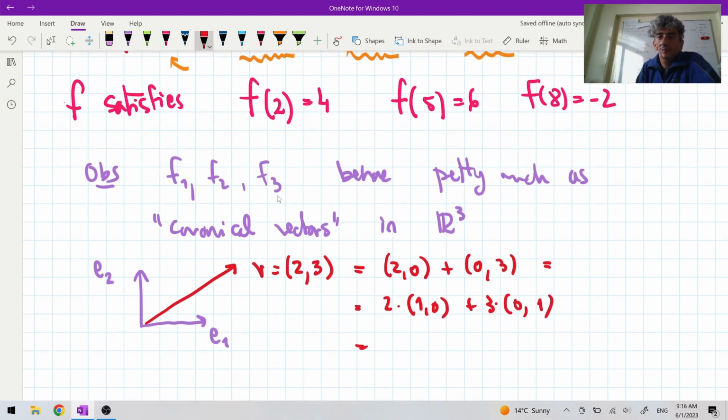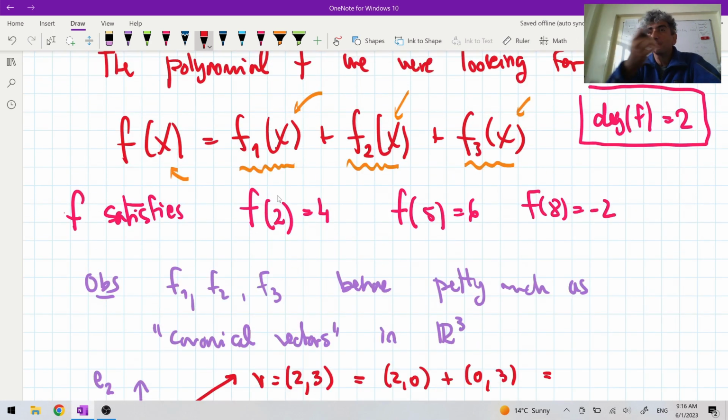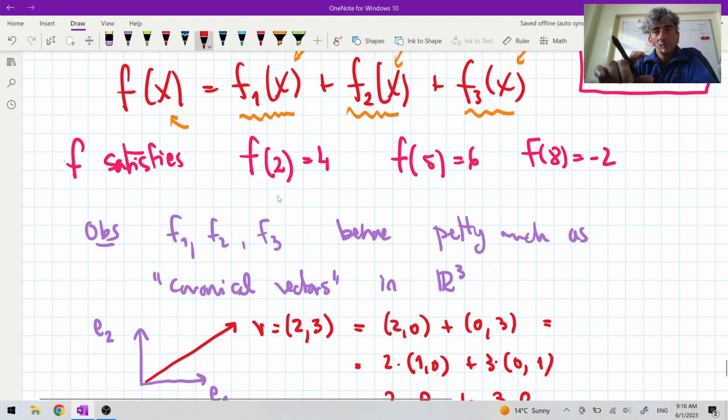This is simply 2 times e sub 1 plus 3 times e sub 2. It's a combination of canonical vectors which take the value 1 in one coordinate and 0 on the other. Well, these polynomials pretty much behave the same. They take a non-zero value in one coordinate and 0 on the others. So this is how we reconstruct f using the same idea.